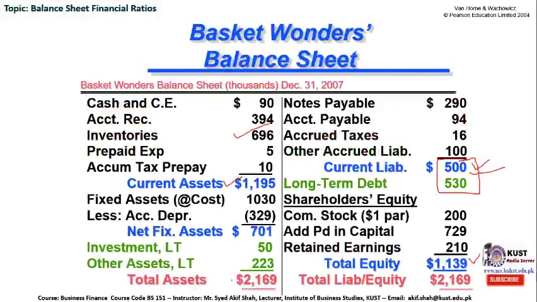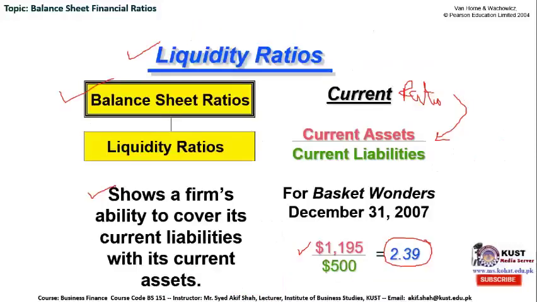We can see that the total assets figure, 2169, was correctly picked up from the balance sheet, and the total debt, which is current liability plus long-term debt, needs to be summed, and the total debt of this company is 1030, which was once again correctly picked up. Therefore, we can move forward to the relevant slide and analyze the data.